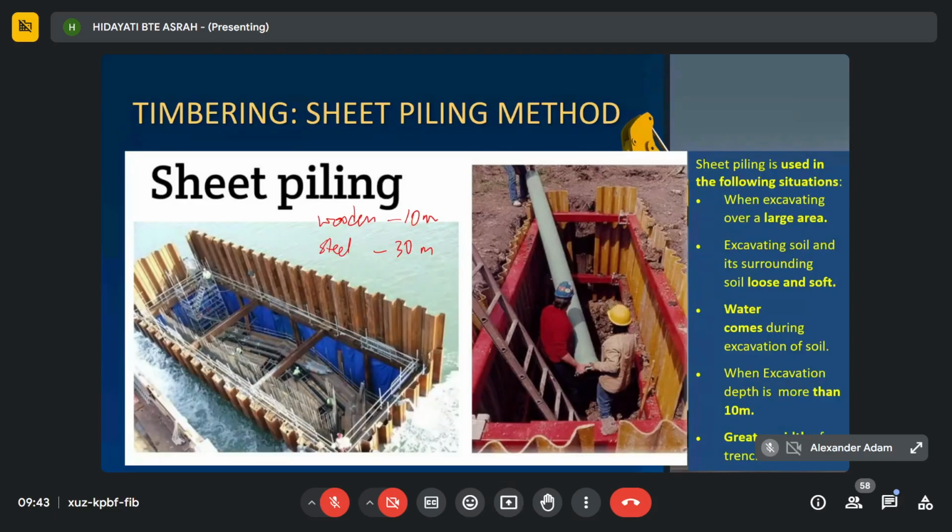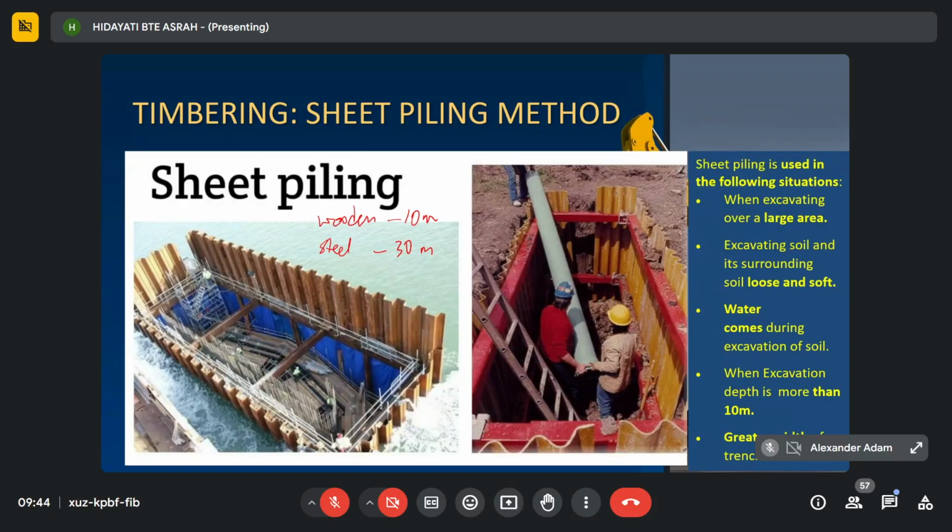Or when you excavate in loose and soft soil, you can also propose sheet piling. Or when water comes during excavation of soil, like groundwater, or for example a bridge construction in a river or seawater. Usually we use steel sheet piling.